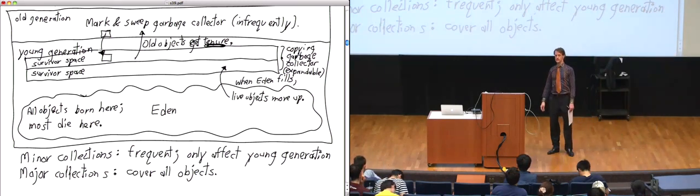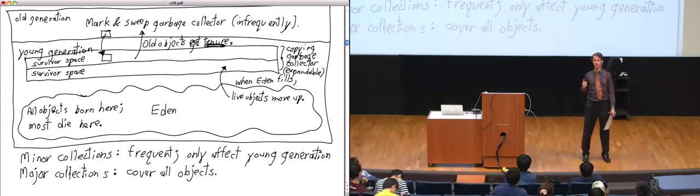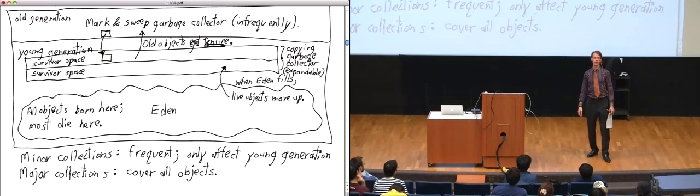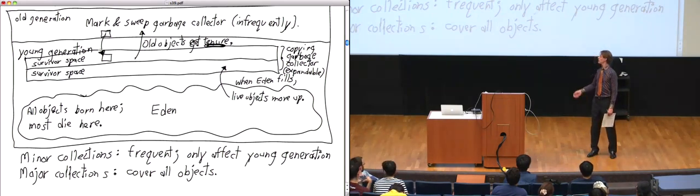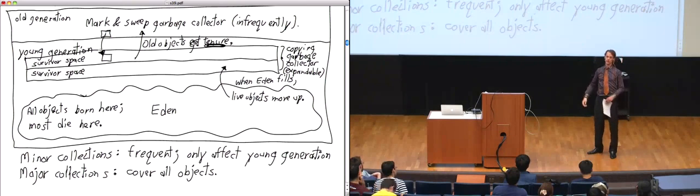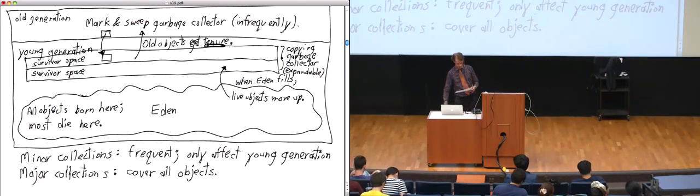And the answer is, apparently these kinds of references from the old generation to the young generation are relatively rare. So studies show that they're sufficiently rare that, as a general rule, you can just keep a special table in which you store every reference that points from the old generation to the young generation and use those as the roots of your garbage collector.